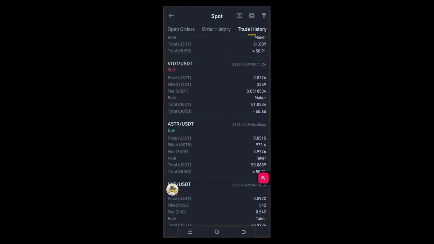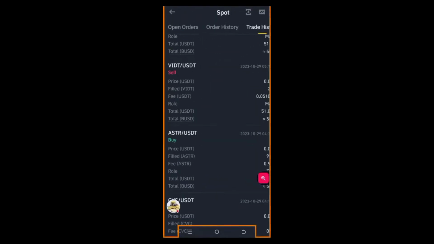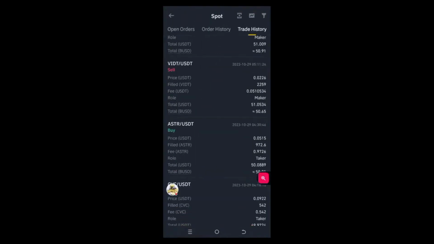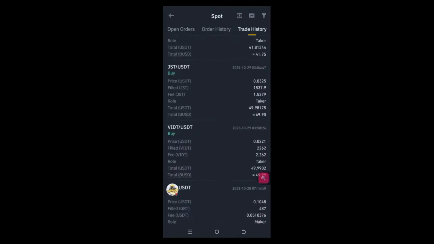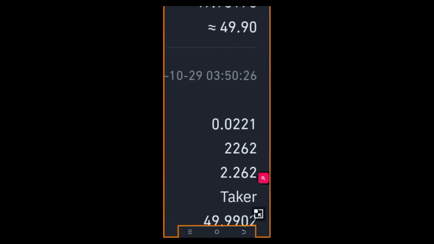Okay, so this is VIDT. We actually bought it at 221. Let me go and check so that I can show you and be very sure. Look at it here. So we bought it here at 221.